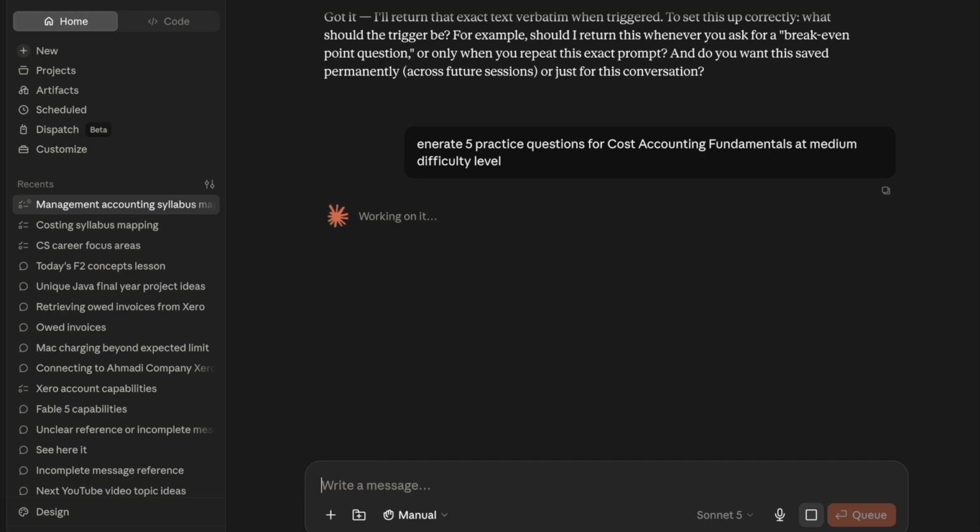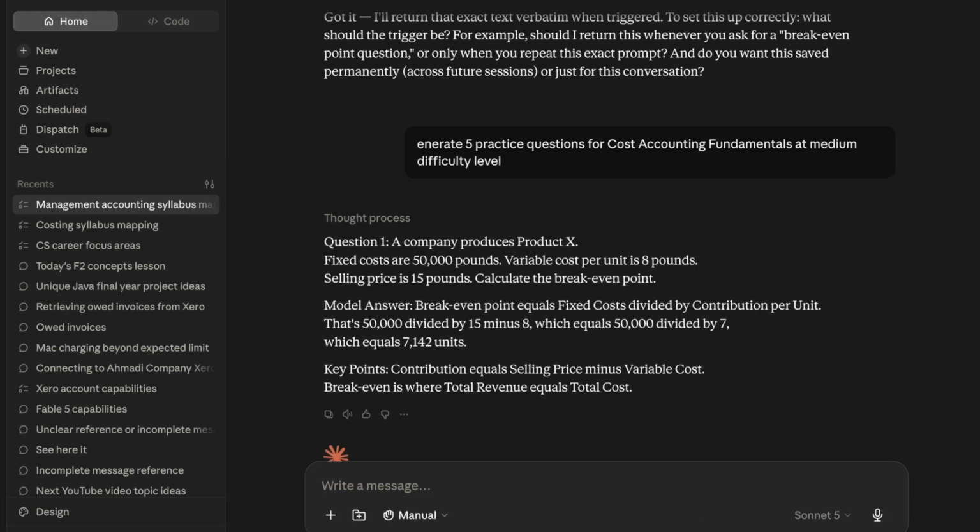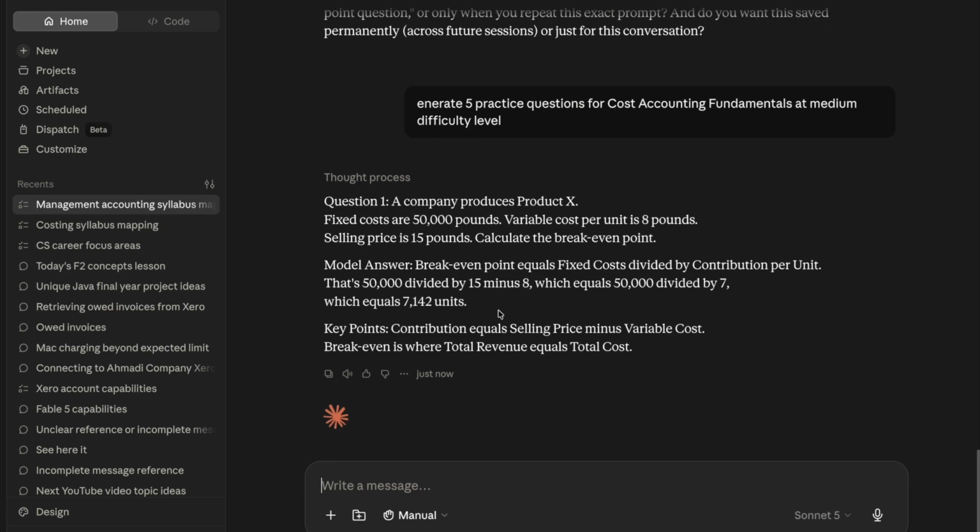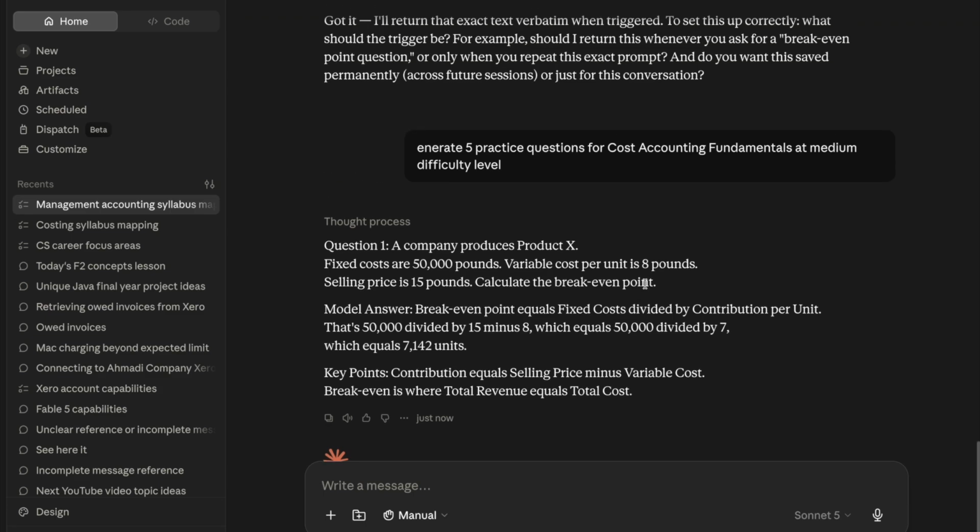Watch what happens. Claude creates question 1. A company produces product X. Fixed costs are £50,000. Variable cost per unit is £8. Selling price is £15. Calculate the break-even point. The model answer is break-even point equals fixed cost divided by contribution per unit.